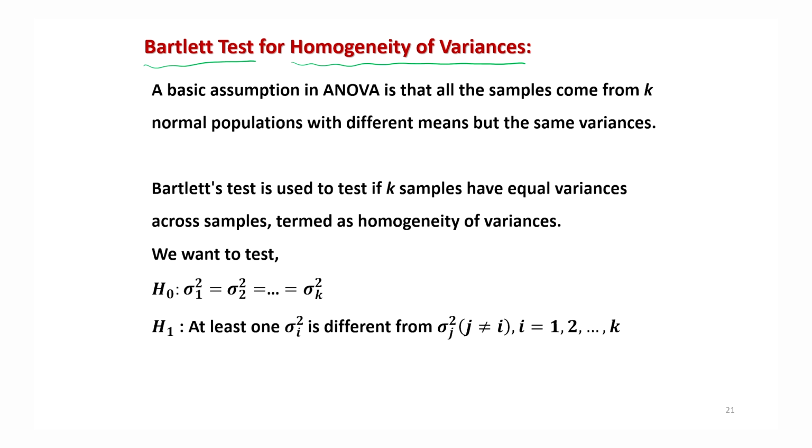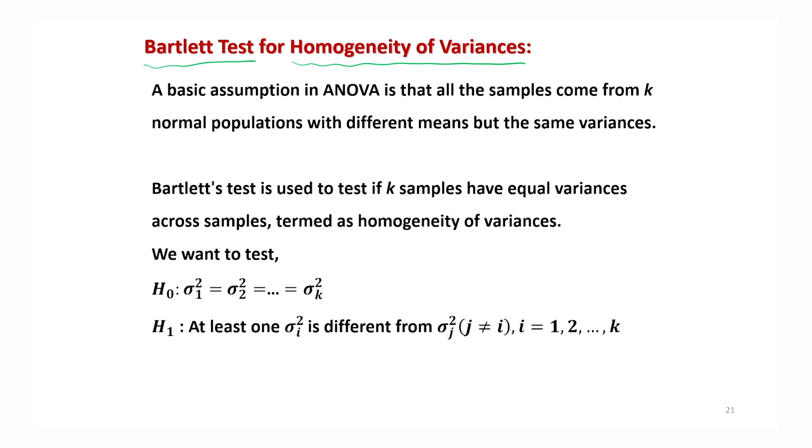In the usual analysis of variance, you assume that all of them have the same value, but first you need to test. That is why, when you conduct the analysis of variance, you must first conduct a test of hypothesis about the homogeneity of variance.